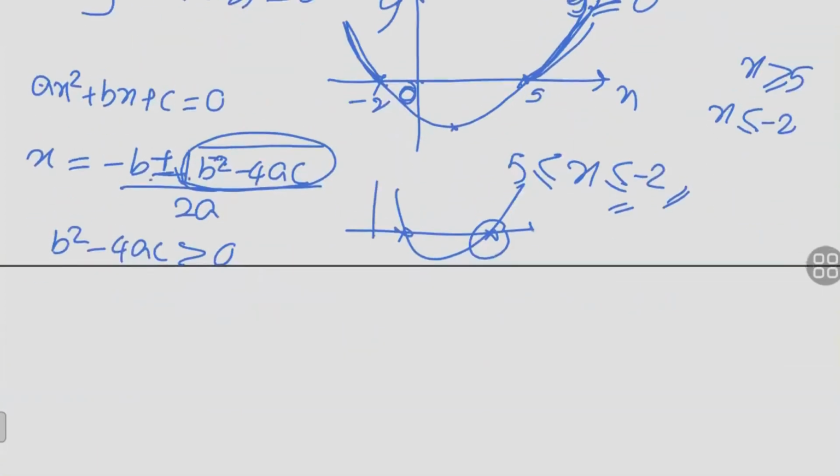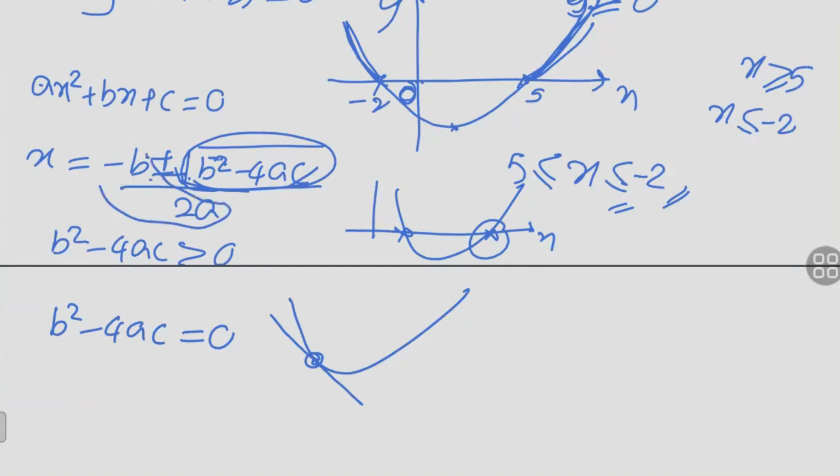This is the x-axis or any other line. B squared minus 4ac equals 0 means this becomes a tangent, with one point, because 0 means there's no plus or minus, only this answer. Next, discriminant less than 0 means this and this have no relationship, not touching or intersecting.